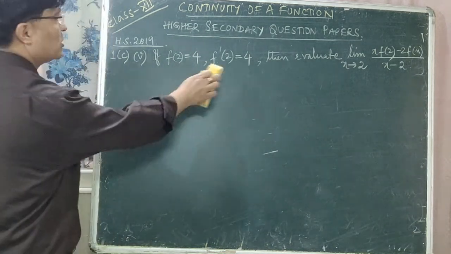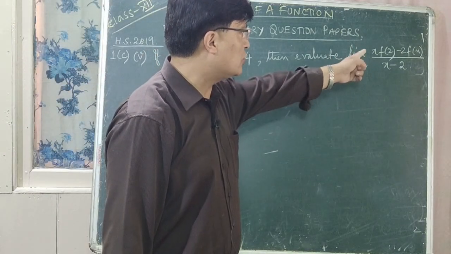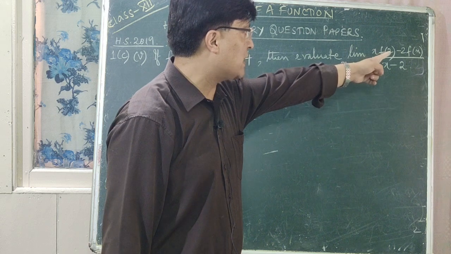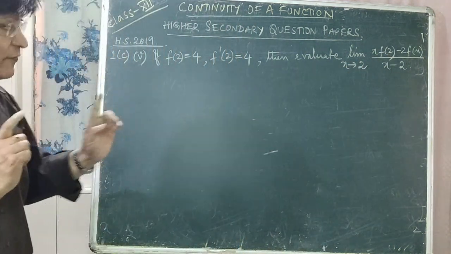So f dash of 2 is equal to 4. Then you have to evaluate the limit, limit x tends to 2, x f of 2 minus twice f of x whole divided by x minus 2. Is that clear? You have to find out the value.